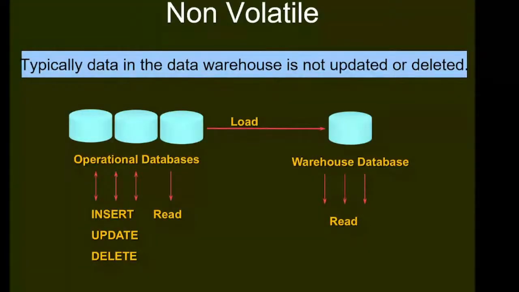So only read operations we do from the data warehouse. All the remaining operations, insert, delete, update, we do day to day on operational databases. But in the warehouse, once the data is consolidated and loaded, the only operation we do is reading. Loading and reading are the only operations performed on data warehouses.